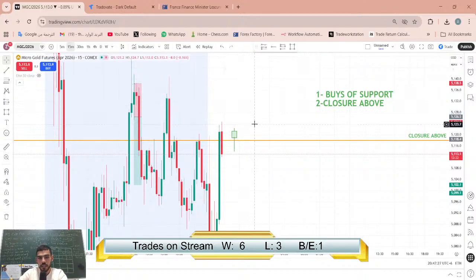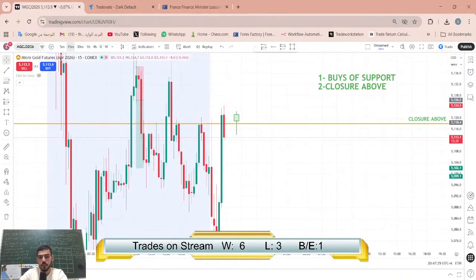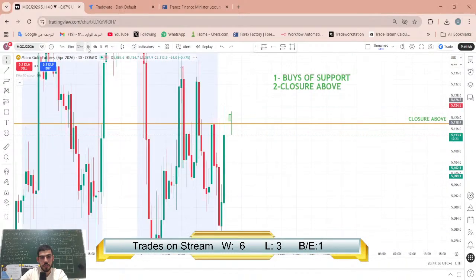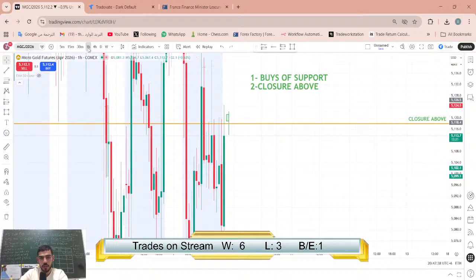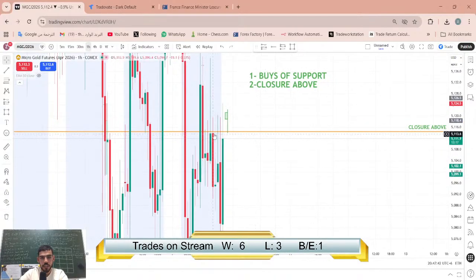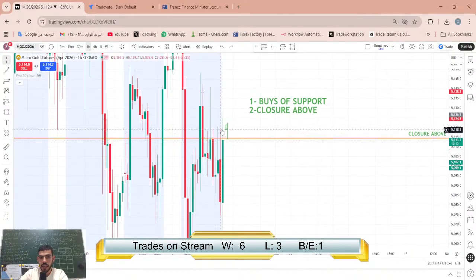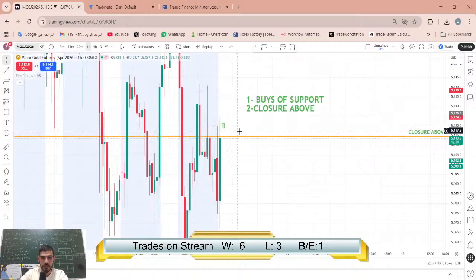And the second best case scenario is closing below. So look at this 15-minute candle. It looks like it wants to close below, which is a major rejection area right here to the left hand side. And as you can see, gold has grabbed liquidity.